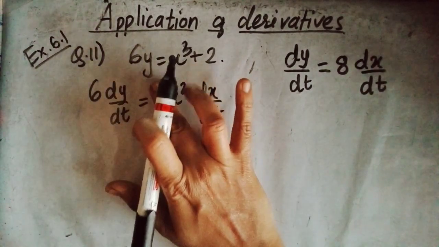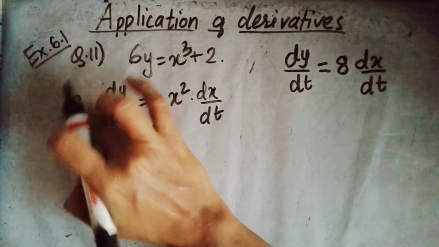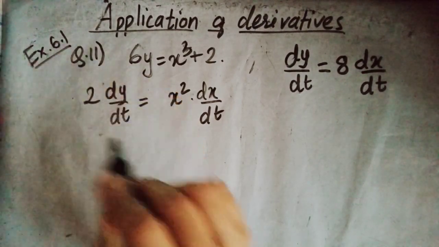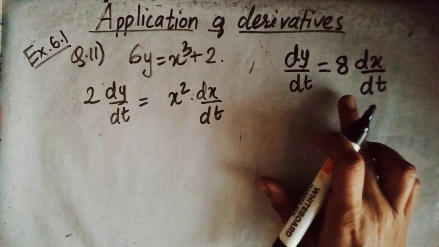Now this 3 you can take here, so this will be 2 times dy by dt equal to x square dx by dt.